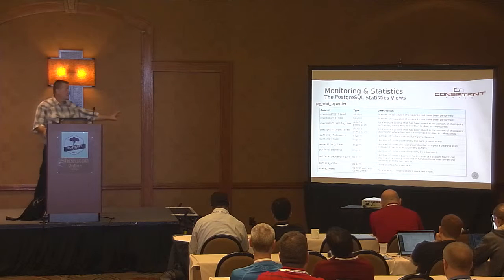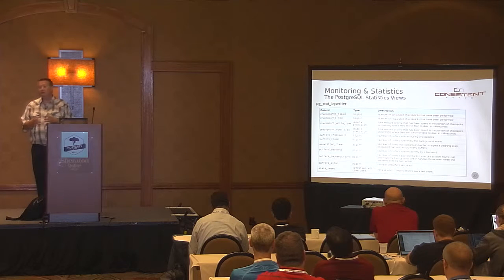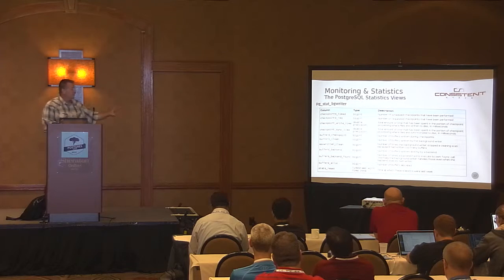And then also it shows us, and this is a static value, meaning as opposed to being a cumulative counter, the number of buffers that are allocated at any given point in time.